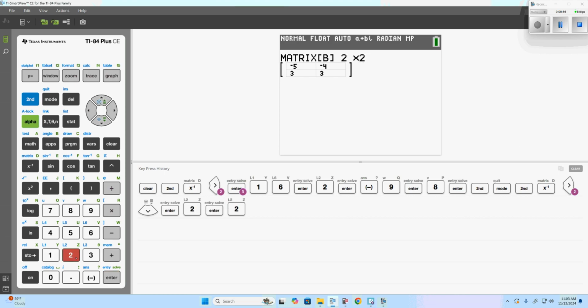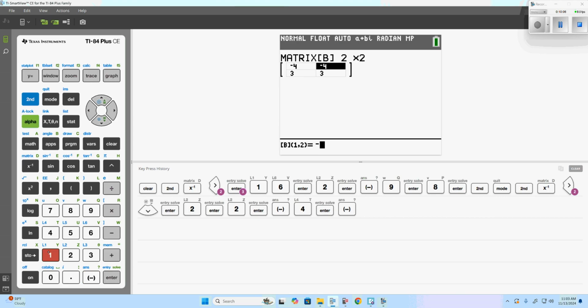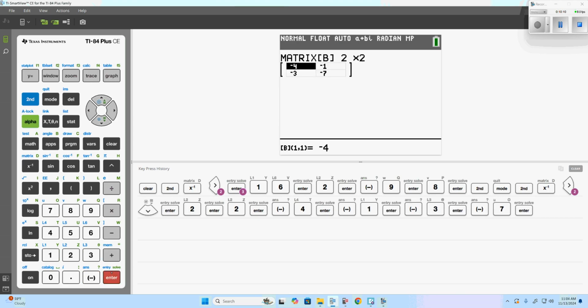So we can do 2, enter, 2, enter, and it'll change the dimensions to that there. So I'm going to type matrix B into the calculator. Negative 4, negative 1, negative 3, negative 7. Second quit. Because to quit out, we have to quit out each time. Otherwise, it's going to try to type the next thing into that matrix.